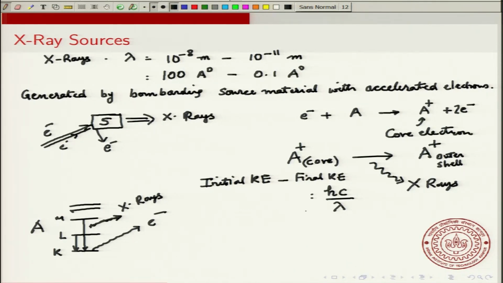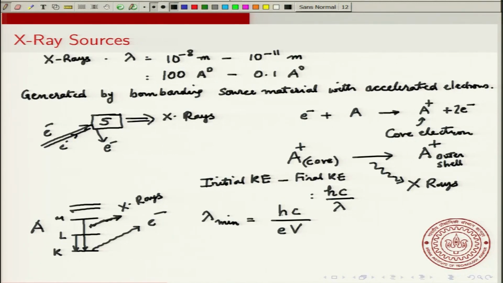So we can immediately write that the minimum value of wavelength corresponds to hc divided by the initial kinetic energy, and the initial kinetic energy we can write as E times V, where E is the electronic charge and V is the voltage through which it is accelerated. This initial kinetic energy depends on how much voltage it was accelerated by, and we can show that it is equal to E times V.